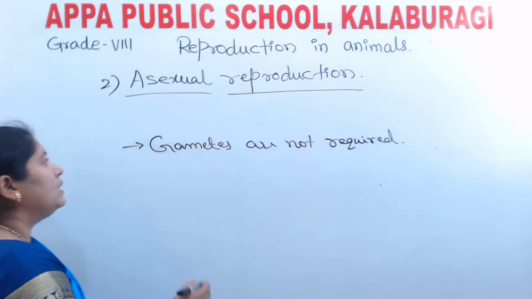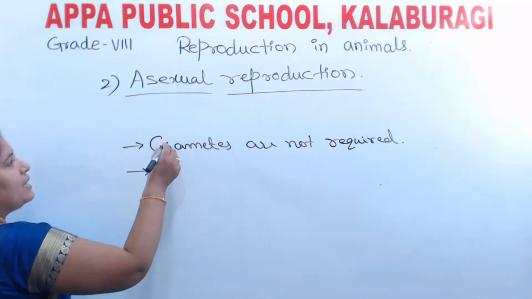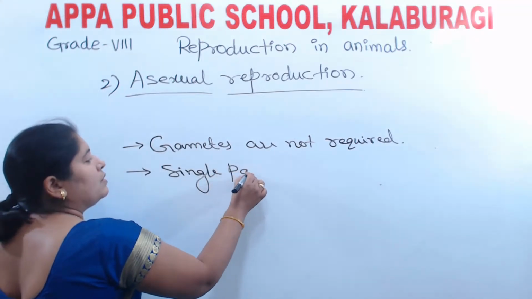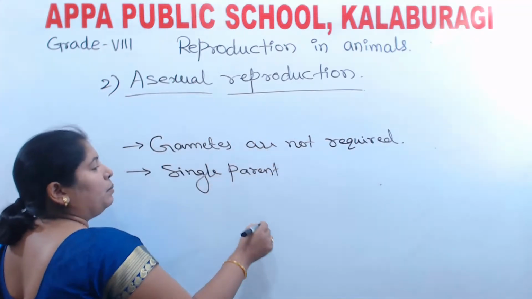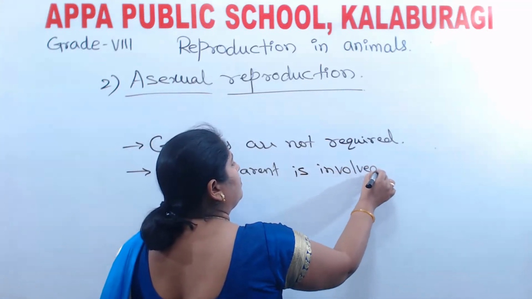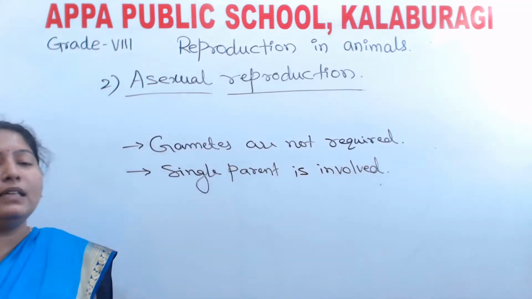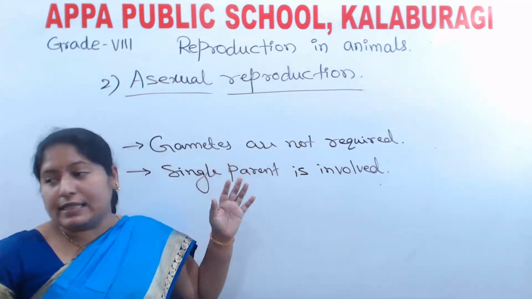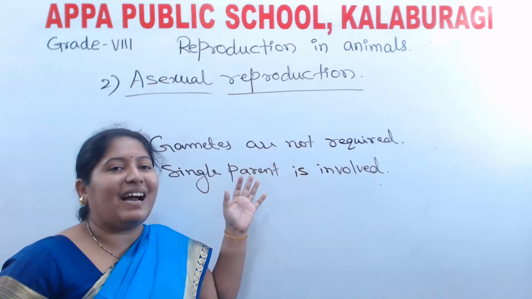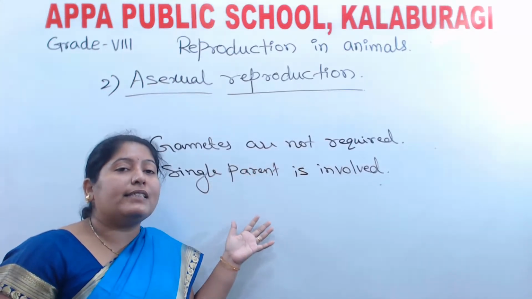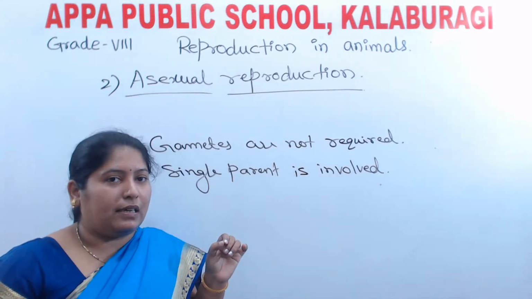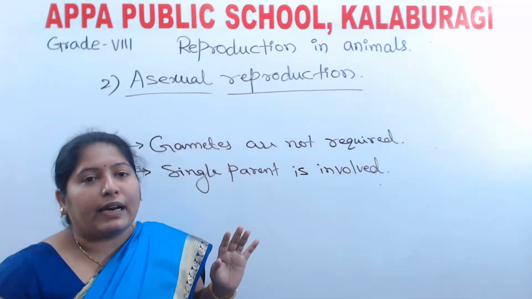And another main feature of asexual reproduction is that a single parent is involved. Right? So what exactly does asexual reproduction mean? Without the involvement or requirement of gametes, if a particular organism reproduces without forming gametes, that's called asexual reproduction.